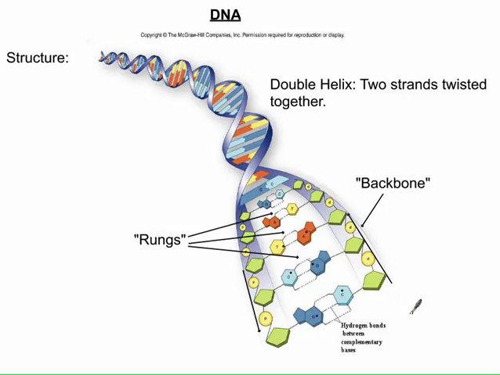So two strands. One part of the structure is the backbone. So this is one backbone, and then here is another backbone. But what you'll notice is that one runs one way, the other runs the other, and that's why they are anti-parallel.